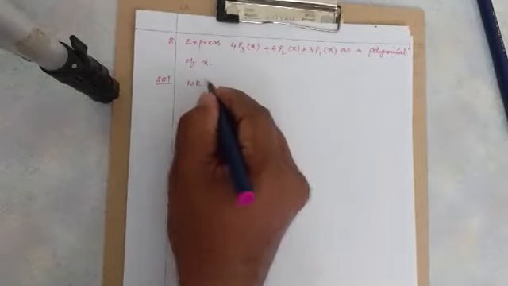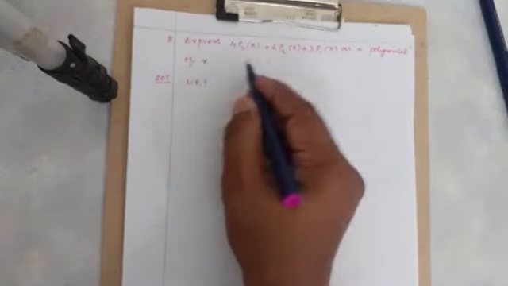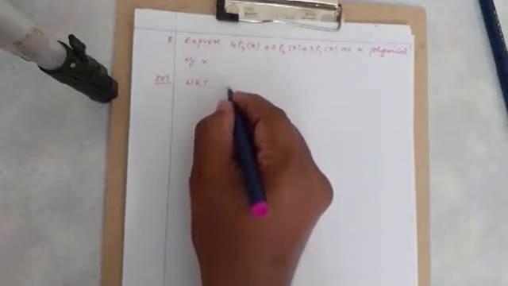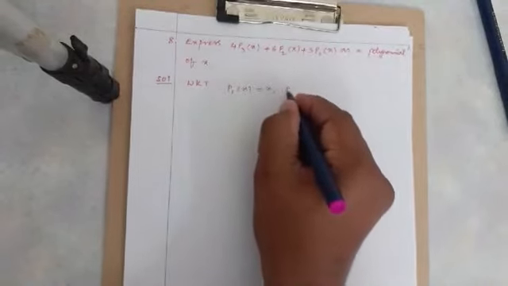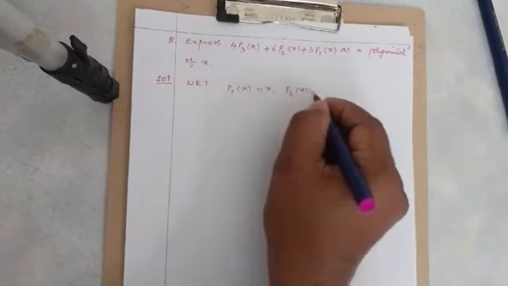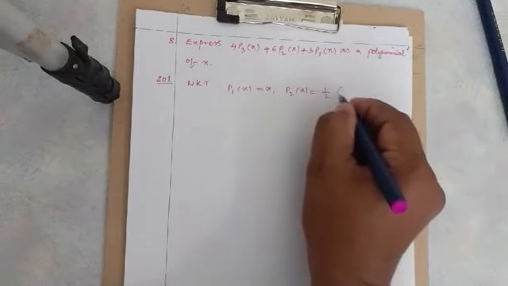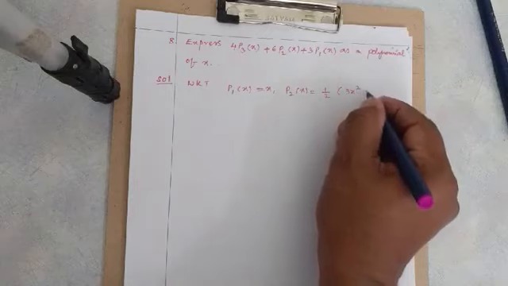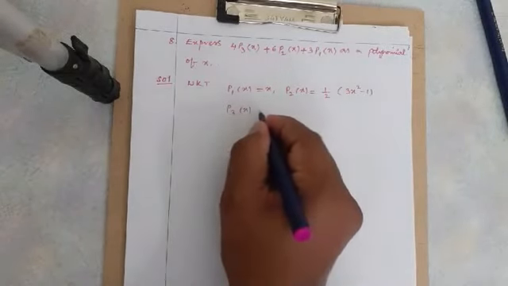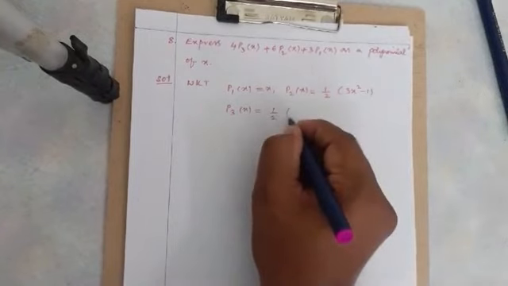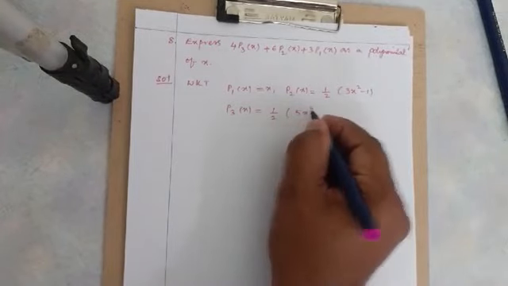We know that here P1, P2, P3 are required. So I am writing the Legendre polynomials: P1 of x is equal to x, P2 of x is equal to 1 upon 2 into 3x square minus 1, P3 of x is equal to 1 upon 2 into 5x cube minus 3x.